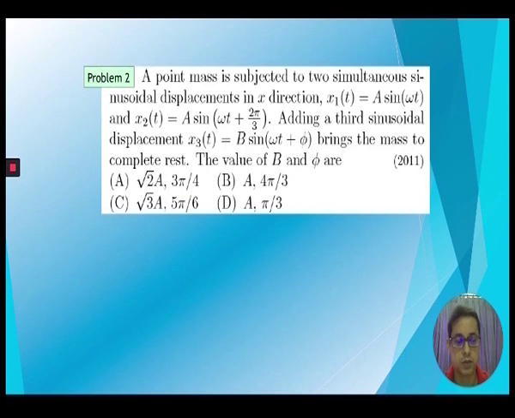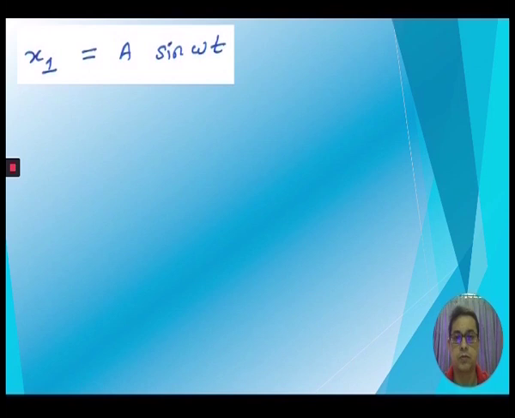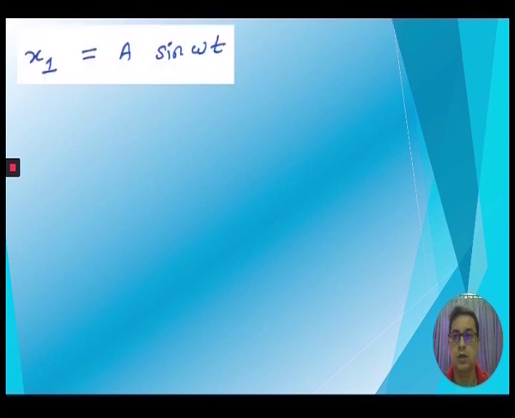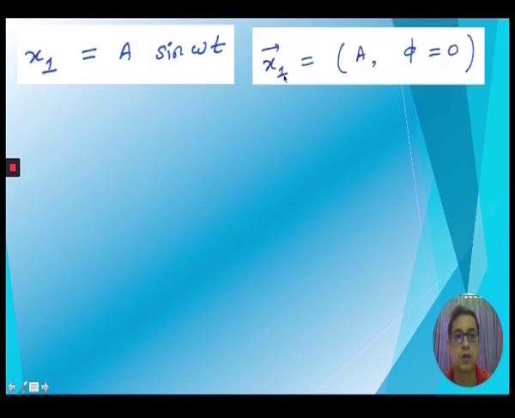So let us do this problem. It's a very simple one actually. The first, x1 is equal to a sin omega t, and this you can represent in a displacement vector form, because it is characterized by the amplitude as well as the phase angle. The phase angle here is 0, so I can represent x1 as A, phi equal to 0.